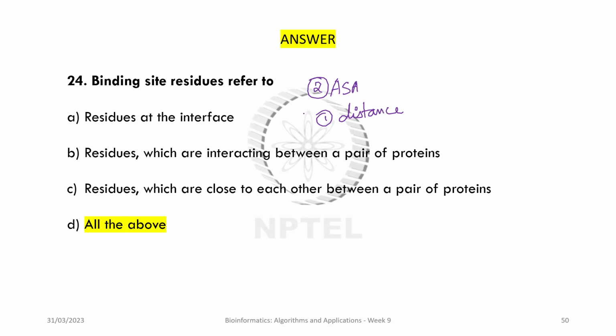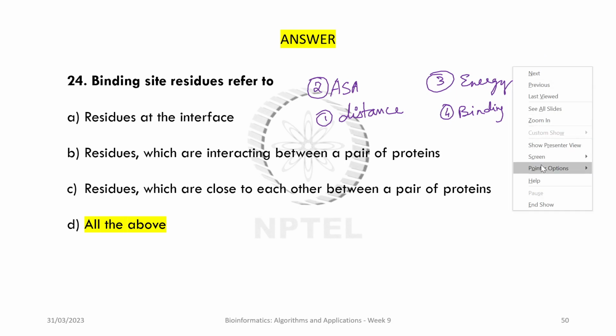I've written here: residues in a protein which are interacting with other molecules. But the methods we used were distance, accessible surface area, then an energy based approach, and four was binding propensity. It's really bad handwriting.